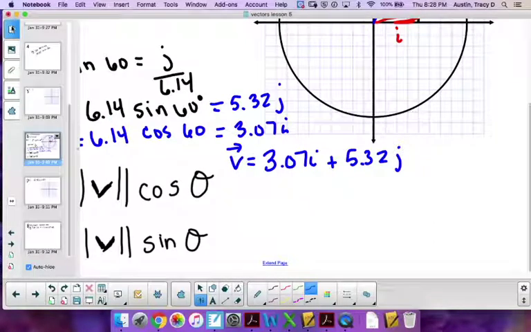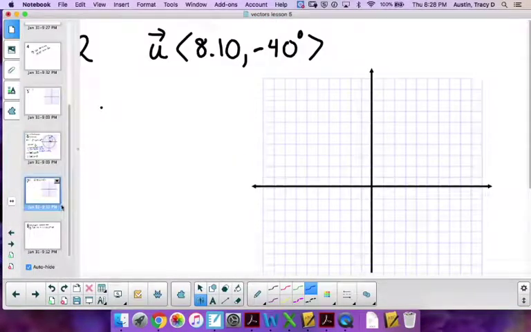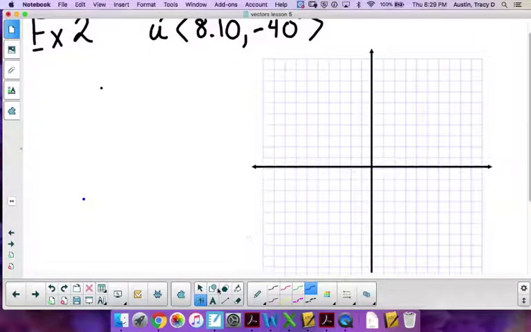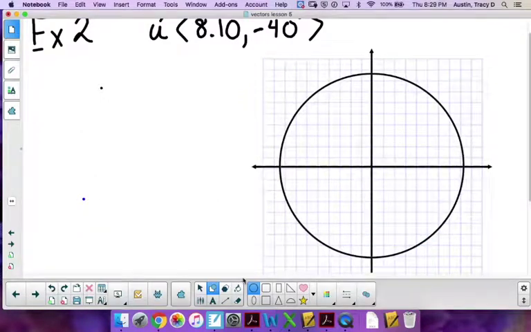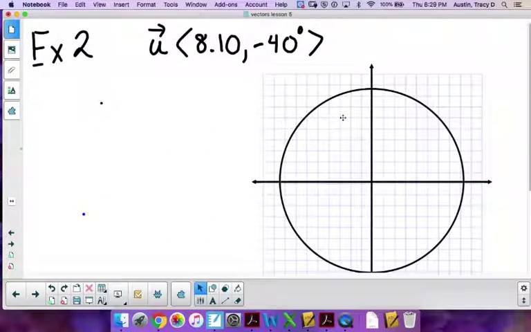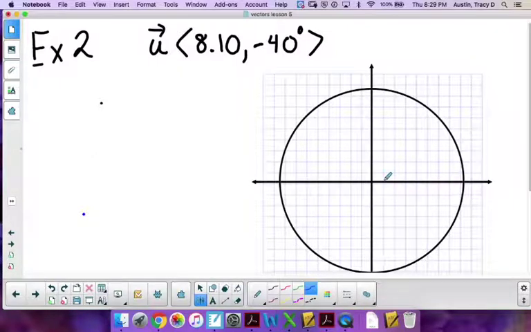Okay, so let's try the next example. Given a magnitude of 8.10 and a degree of negative 40. Okay, so again, if you want to plant your circle in the middle of that, and it doesn't have to be a nice circle, you can always find something to trace if you really want to, but just so that you remember where, or give a good approximation of where negative 40 degrees might be.